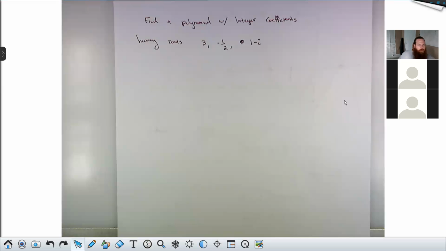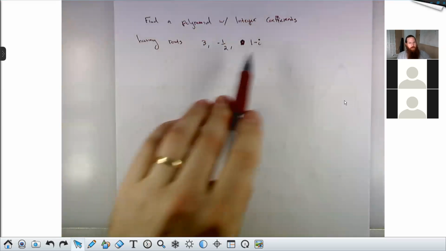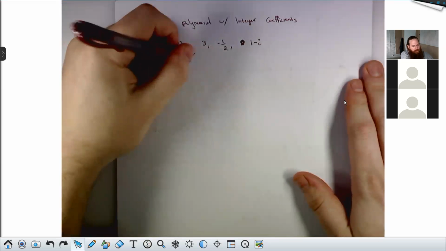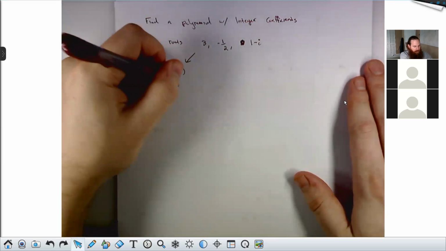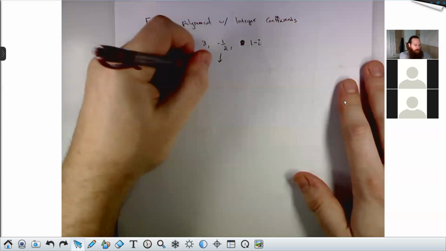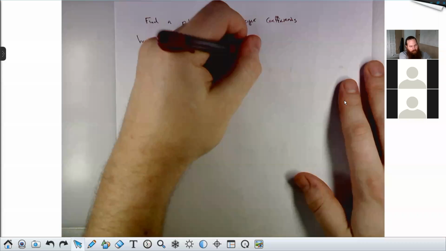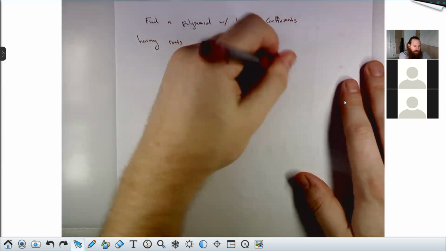So if I want integer coefficients, integers are real numbers. I know. So this is just scratched out. So 3, -1/2, and 1 minus i. Each one of those tells me a factor. There's a little something else that we want before we say that. So definitely this tells me that x minus 3 is a factor. This tells me that x plus 1/2 is a factor. And this tells me that x minus 1 minus i is a factor.